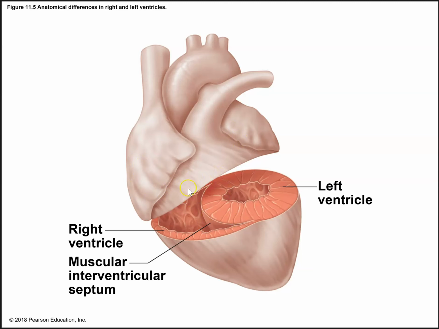And the wall in between the ventricles is called the interventricular septum. When you actually dissect a heart in the lab, you'll see that the really thick portion is the really muscular interventricular septum of the heart.